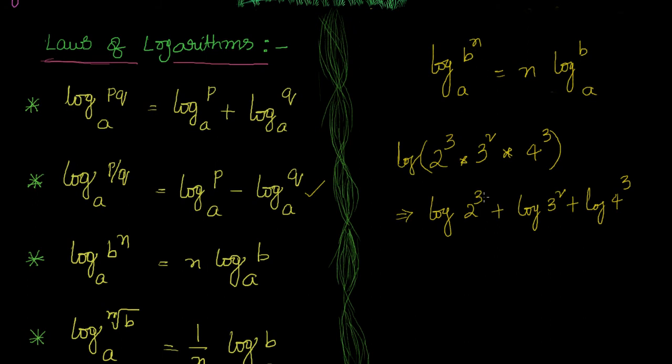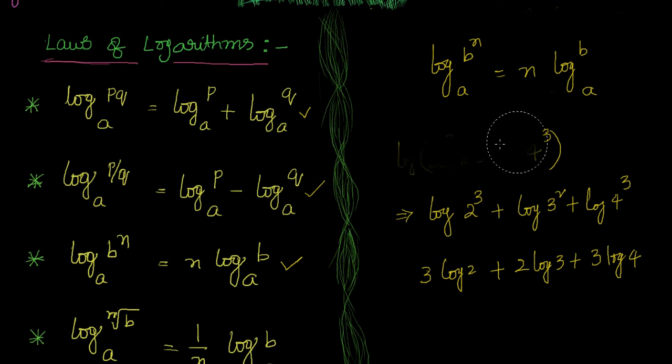The third rule says 2 cube becomes 3 log 2, plus this becomes 2 log 3. Now you can go back to that example and see how I simplified it. I applied law number 1 and then law number 3. You will appreciate it once you understand this better.